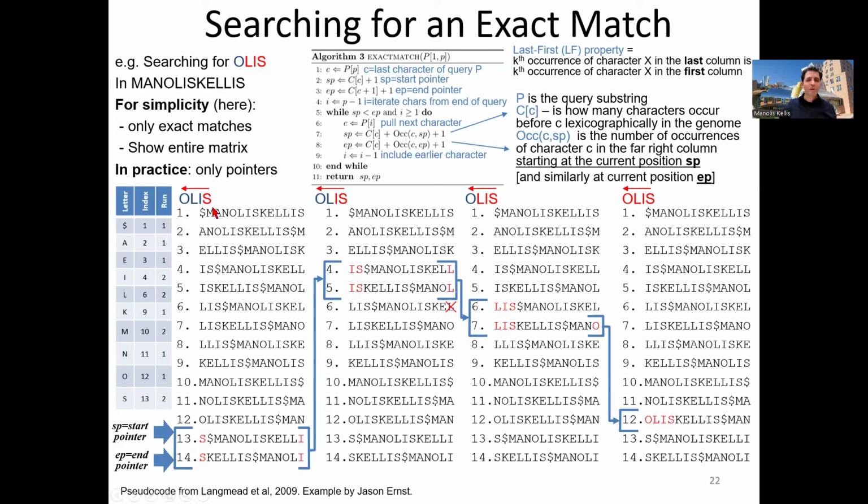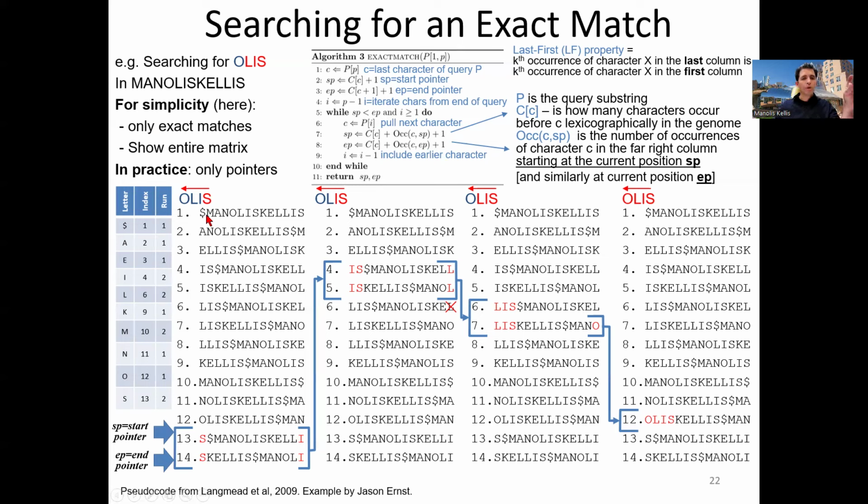So basically, if I want to find the string OLIS in this gibberish stuff here, how do I do it? Remember this beam searching approach. I'm going to start with an S, and I'm going to have a beam for all of the S's. And where are all the S's? Well, in the first column, they're just at the end. So far, so good?